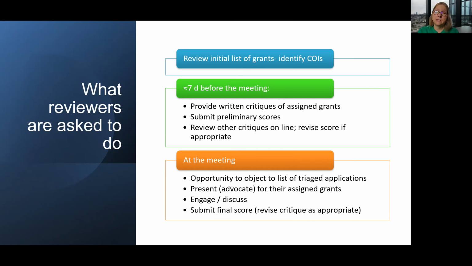And they could actually update their comments and their initial scores as well. And then sometime before the meeting, the final initial scores are assigned.